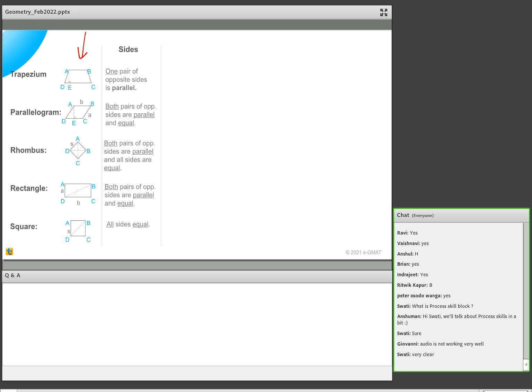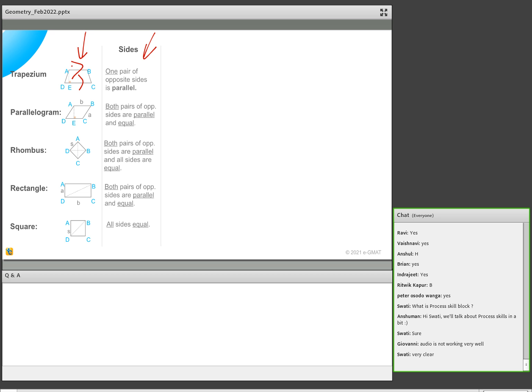Now let's talk about what we can say about the sides. Trapezium, the only thing you know is there are two parallel sides. So there are two sides that are opposite and parallel to each other. Everything else we don't know anything about. So here this AB is parallel to this DC. That's all I can say. There is one pair of opposite sides which is parallel to each other.